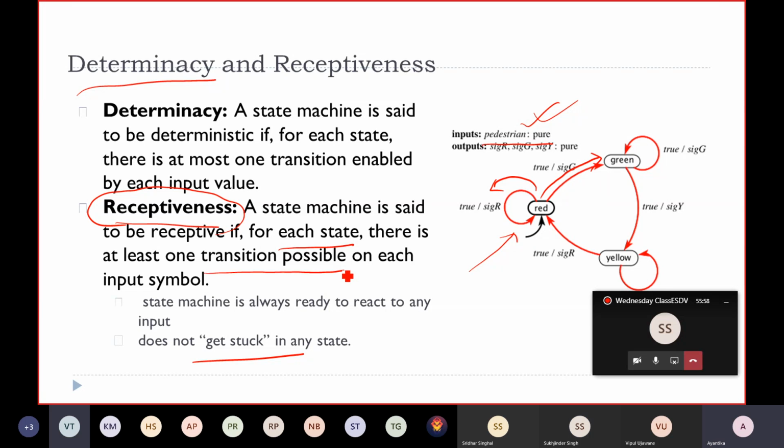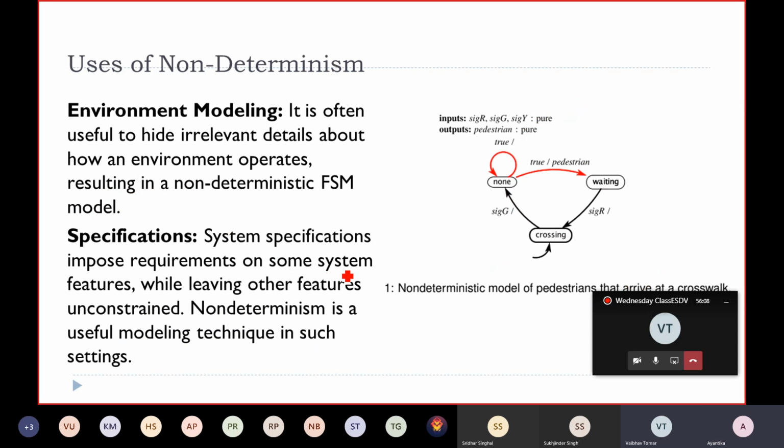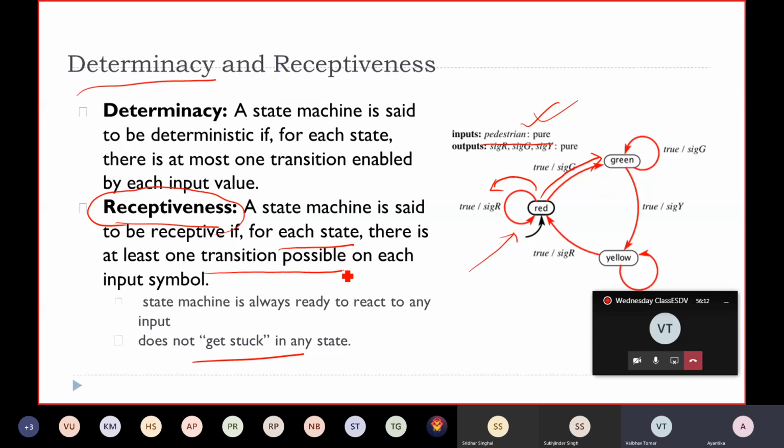Ma'am, in receptiveness, what can be one of the instances where the state gets stuck, like where the input gets stuck? See, let's come to this. Maybe in this video, you have defined this pedestrian input on green or red, right?